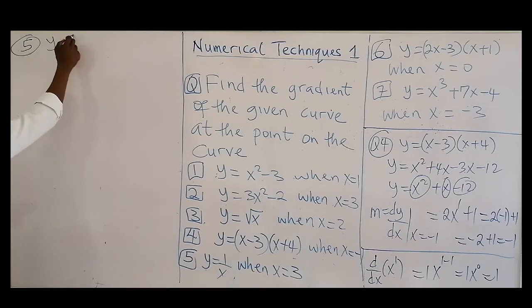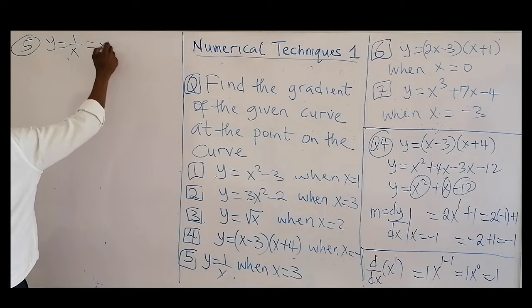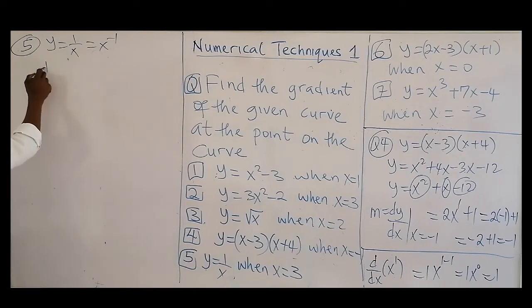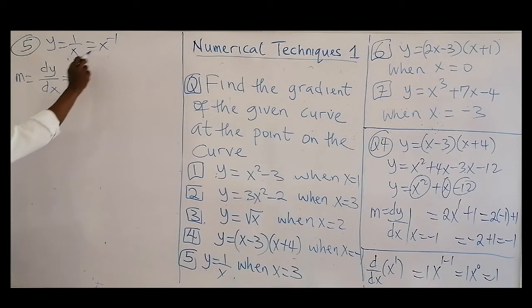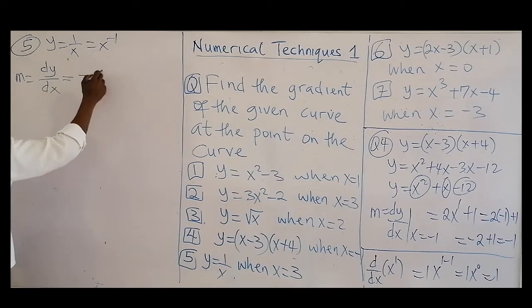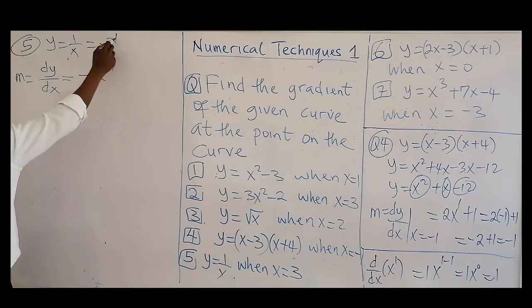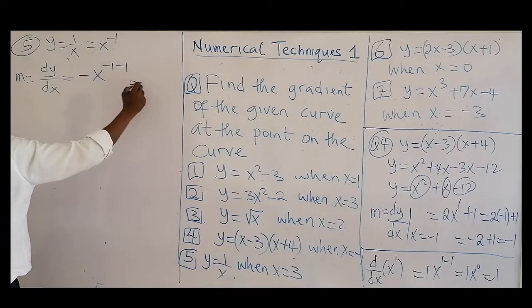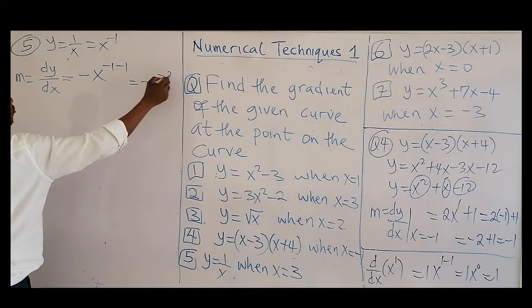Then the last question, question 5. y is 1 over x. So remove the fraction, and that will be x to the minus 1. The derivative, which is the gradient, will be: the power will come to the front, then write the expression again, then the power minus 1, and that's minus x to the minus 2.